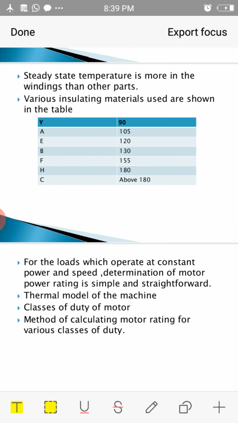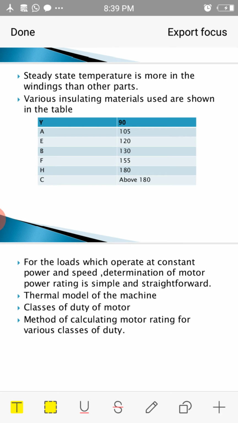For loads which operate at constant power and speed, determination of the motor power rating is simple and straightforward. If we assume a motor running at a constant speed and consuming constant power, then its rating can be easily selected, and it is a straightforward process.